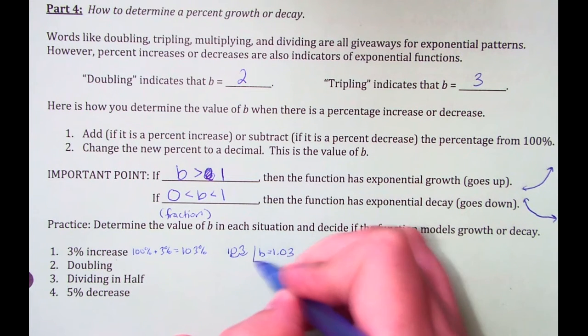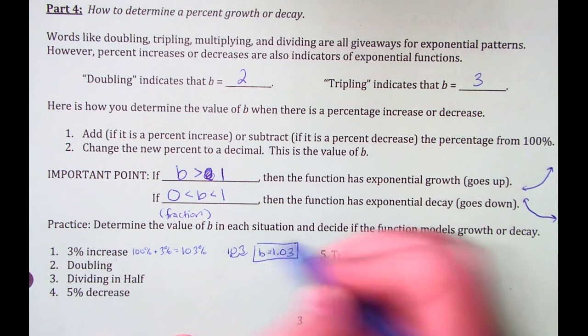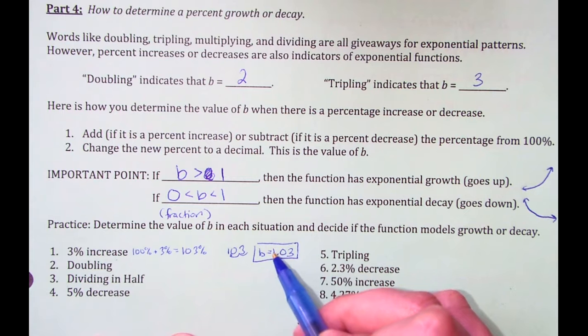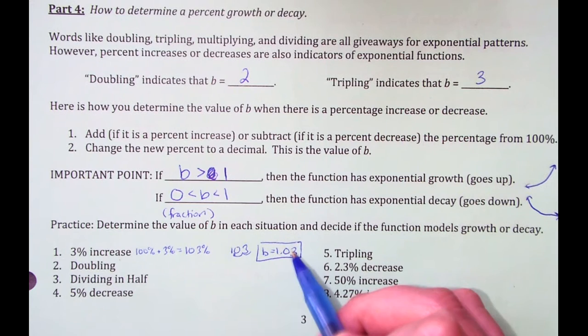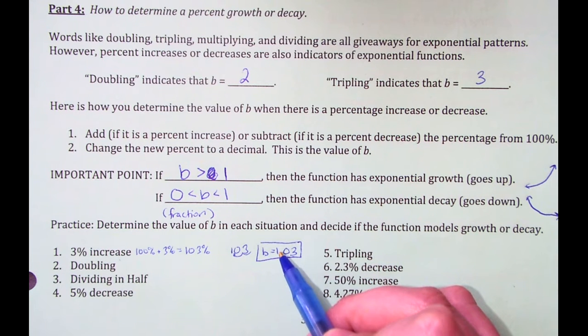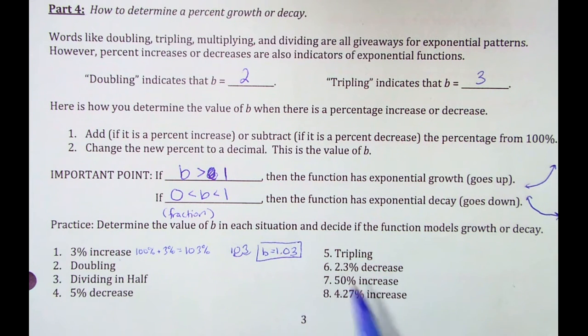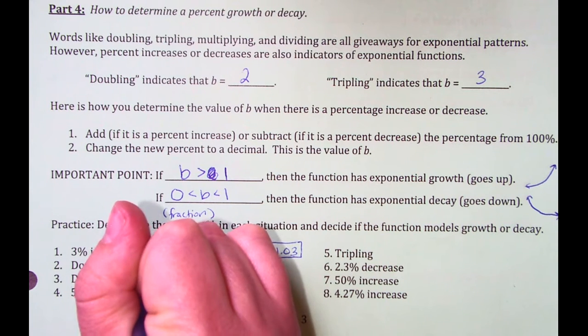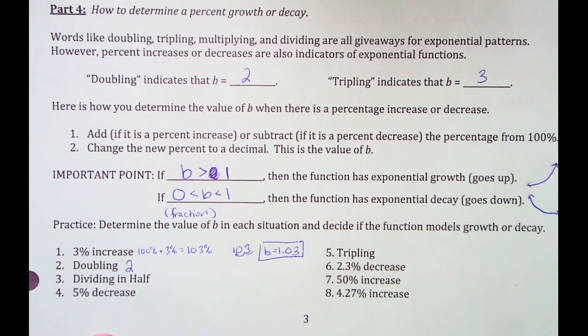Now the reason that this leads to growth, since this 1 right here is going to keep the original amount when you multiply and make it a little bit bigger. So anything bigger than 1 is going to be exponential growth. Number 2, doubling, that gives you a b value of 2. You're multiplying by 2 each time.